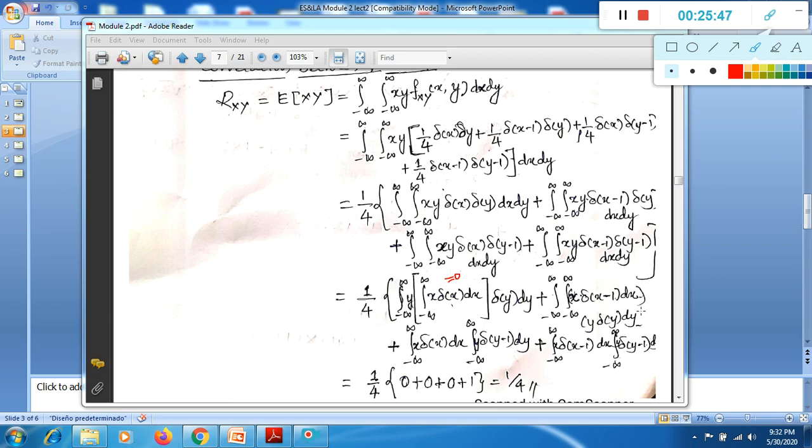Similarly, this y into del y will make the second term also 0, and this x into del x will make the third term also 0. Only this one, x into del of x minus 1 and y into del of y minus 1, will be active with x equal to 1 and y equal to 1, which will make it 0 plus 0 plus 0. These three integrations contribute 0. Only the last one will give 1, so it is 1 by 4.